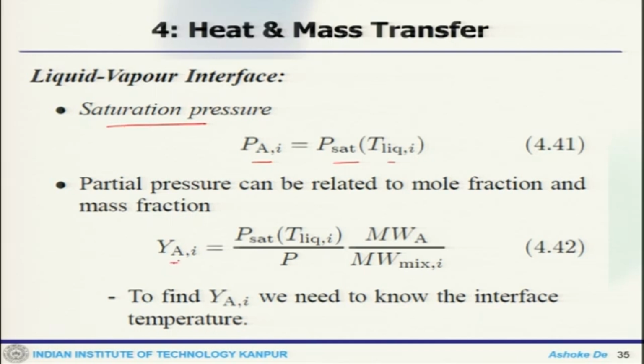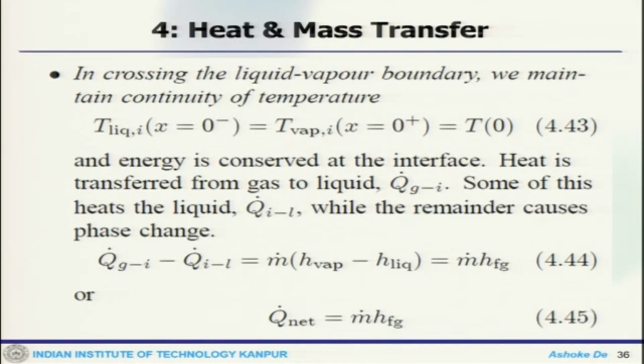So, the mass fraction y A i would be the saturation pressure of that liquid by P, times the molecular weight of A by the molecular weight of the mixture. So, to find out y A i, we need to know the interface temperature. For that we need some boundary condition.